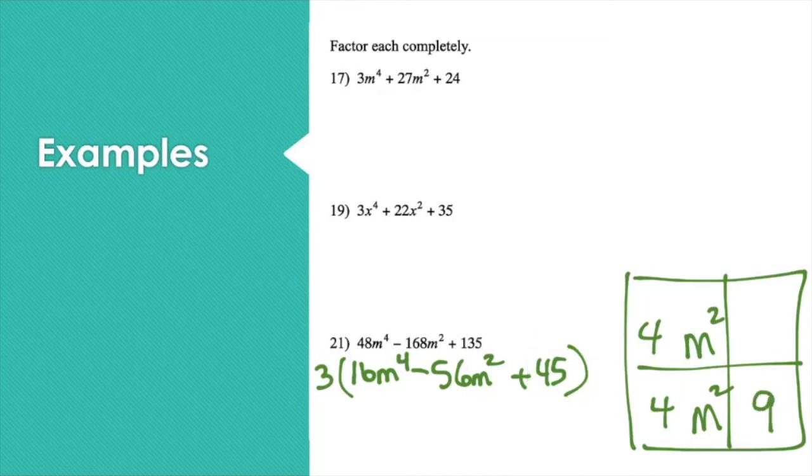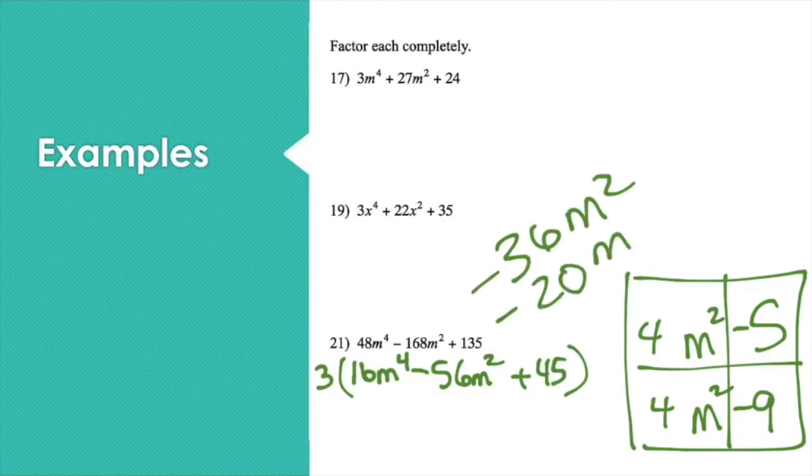So if I do 9 down here and 5 here, and they're both going to have to be negative so that I can get that. And this is going to be 36, and that's going to be 20. So let's try negative 36m squared and negative 20m squared, and sure enough, that does make negative 56.